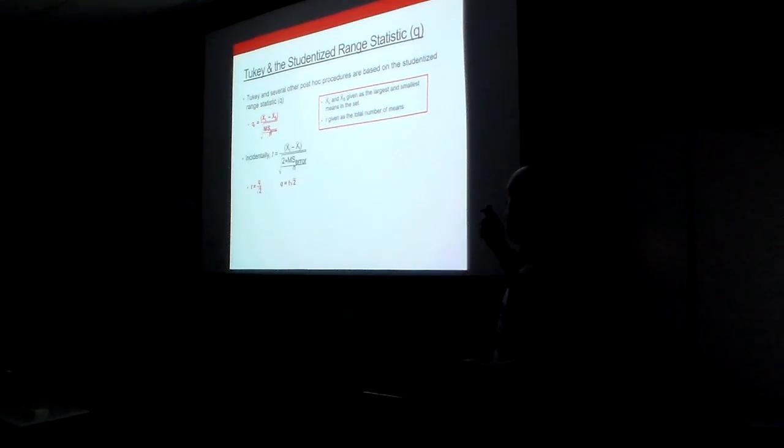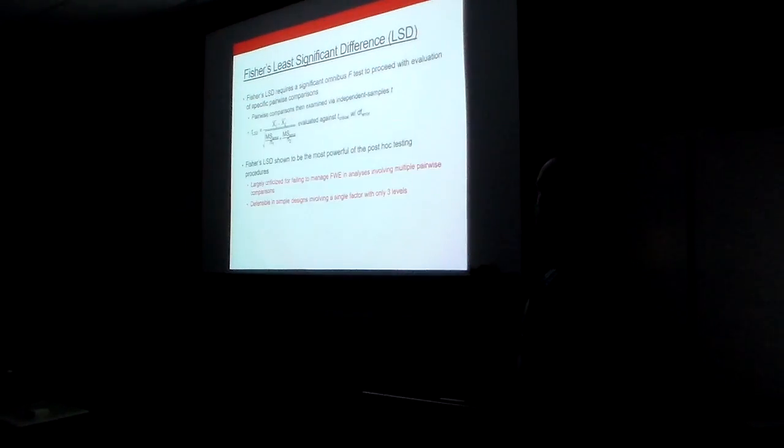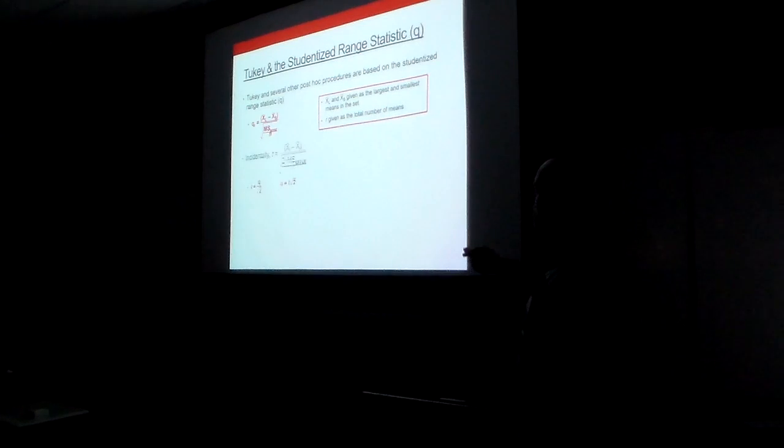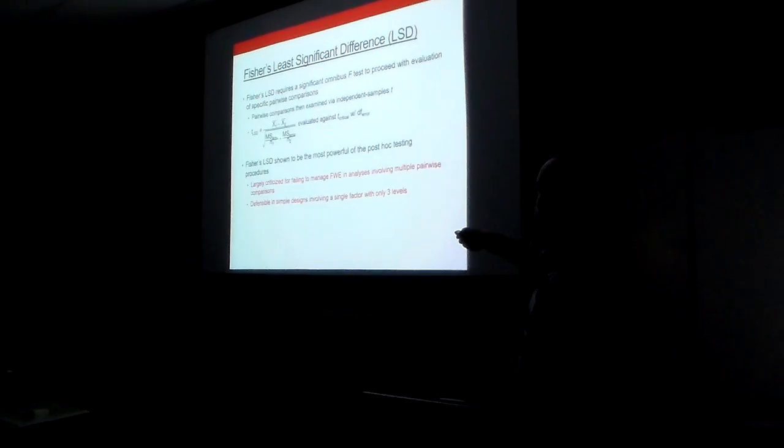Okay. Now, note that Q has a direct relation with T. Our T statistic is calculated as the difference between means over the square root of 2 times the mean squared error over n. Essentially, instead of taking this plus this, we're just saying 2 multiplied by this, right?